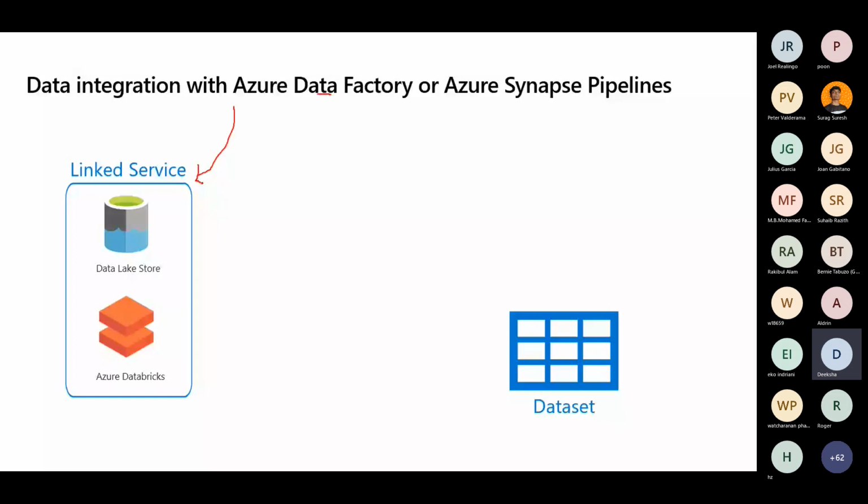For example, within a data lake you could have hundreds of files available, different folders and subfolders. So how will data factory understand which file exactly I need to pick up and what the file properties are, like file type and file name? That property you are going to define at the dataset level.